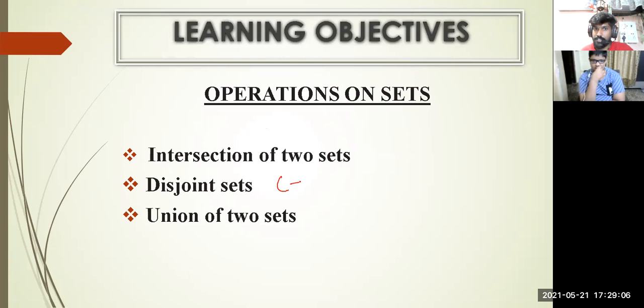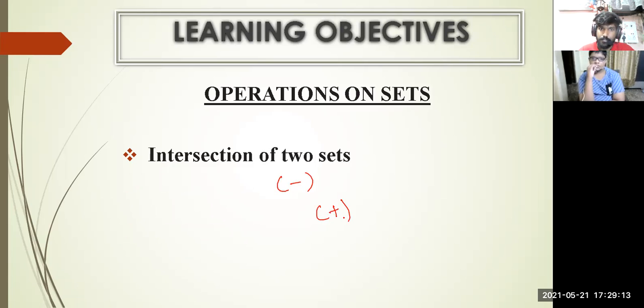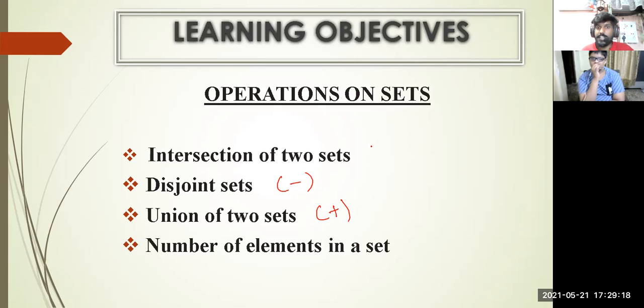Disjoint is the same as subtraction, union is the same as addition, and intersection is the same as multiplication. We don't have anything called division. So only three operations we have: disjoint, union, and intersection. Intersection is like multiplication, disjoint is like subtraction, and union is like addition.